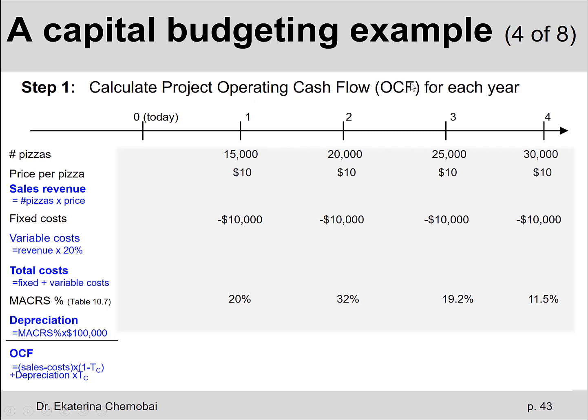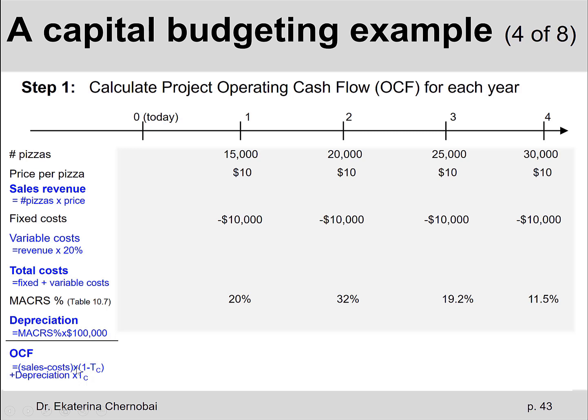If you go back a few slides where the operating cash flow was first introduced, you would see that there are 4 different formulas that could be used. They all give the same numerical answer. And I explained on those slides that my favorite formula is this one, where it looks at the sales revenue minus production costs.